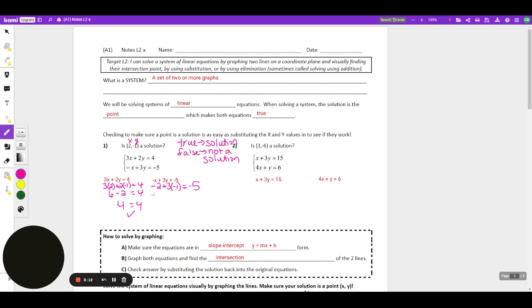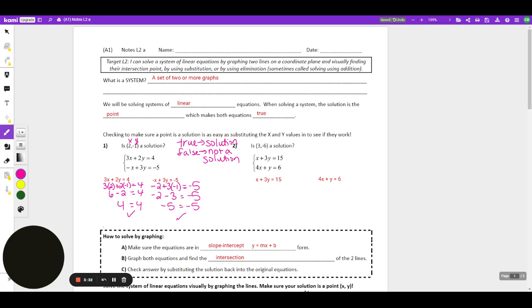So I get a negative 2. A positive 3 times a negative 1 is a negative 3. And setting that equal to negative 5. Negative 2 minus 3 is a negative 5. So again, negative 5 is equal to negative 5, and that is a true statement as well.